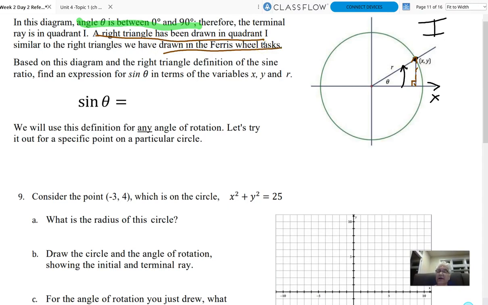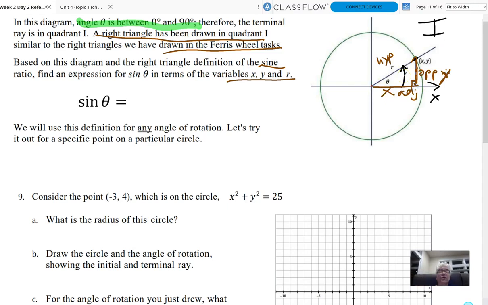Based on this diagram, the right triangle definition of sine now uses x, y, and r. Our r is the same as our hypotenuse. Our opposite is the same as our y value. And x is the same as our adjacent value.